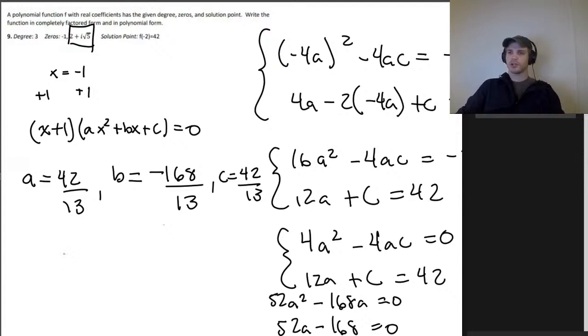Let's plug it into our quadratic. So negative b would be 168 over 13 plus or minus the square root of b squared.